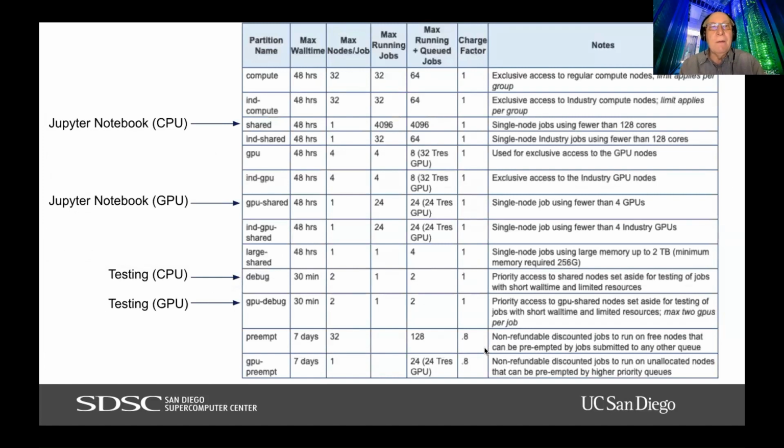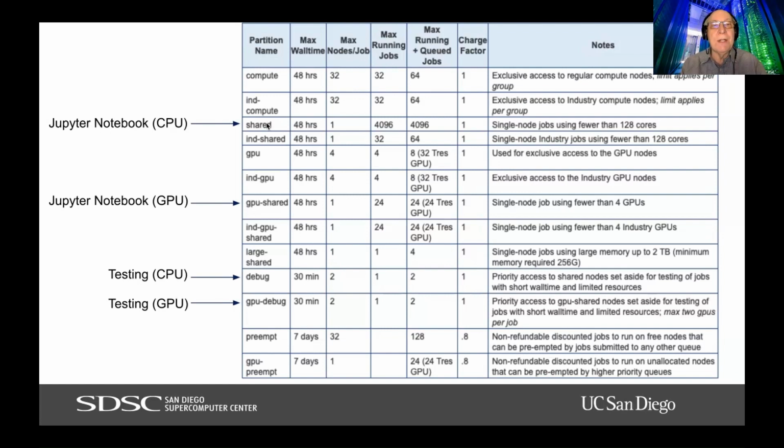Okay, so when you run jobs on Expanse, you don't usually run them interactively, but they're running in the queuing system. We're using Slurm on Expanse, and you need to choose a partition or queue you want to run your jobs in. Here's a suggested partition or queue to run Jupyter Notebooks in if you're using CPUs.